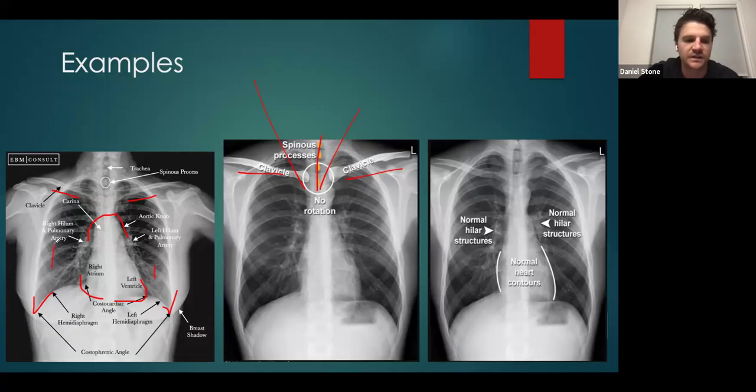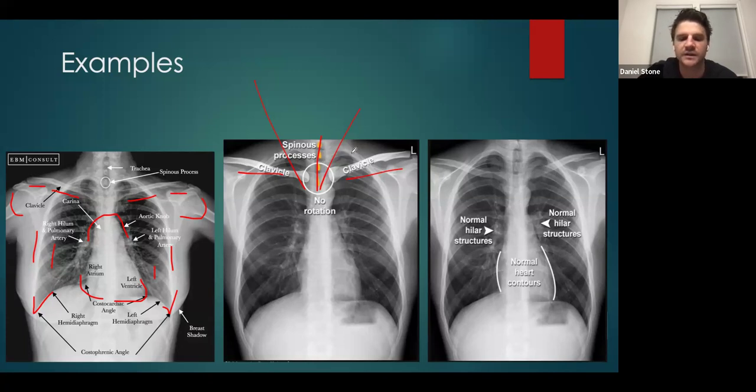Once the lung fields are in view and I feel like I've been able to actually assess them, I look at the bones and then I look at the subcutaneous tissues. It's really easy also to miss humerus fractures or even potentially clavicular fractures if you're not paying attention. So it's very important to look at the bones.